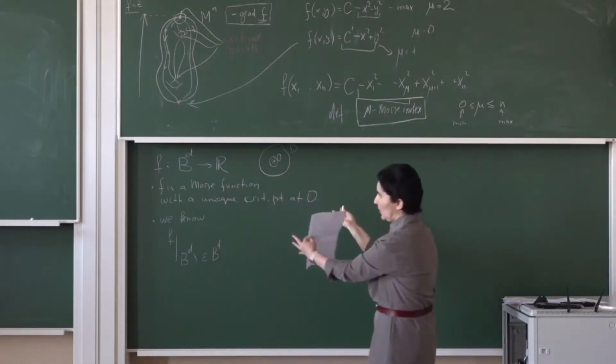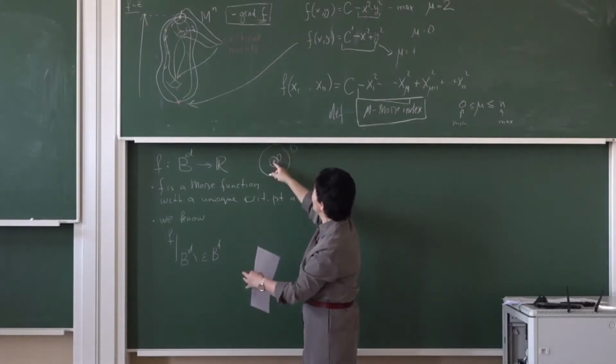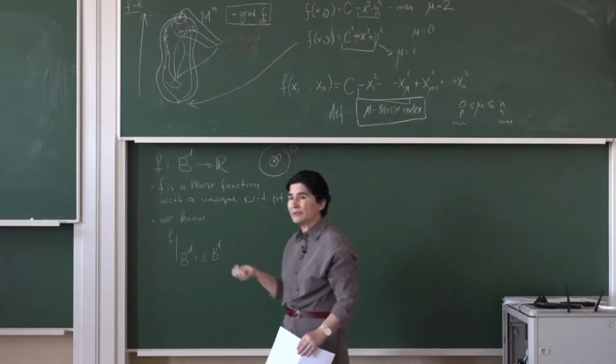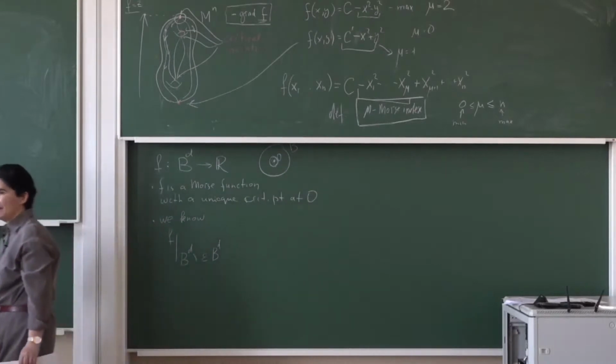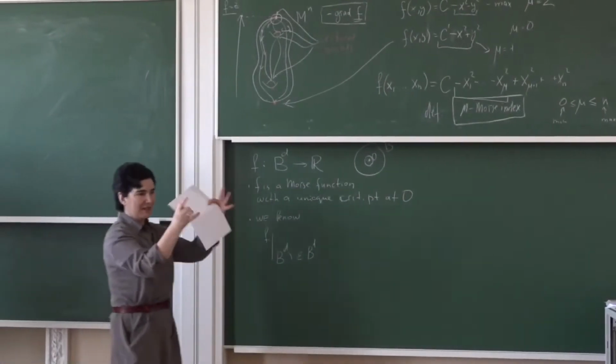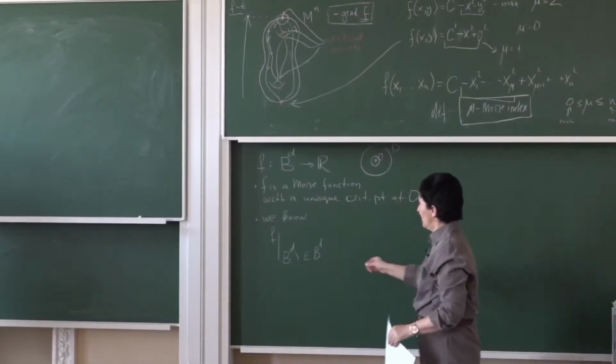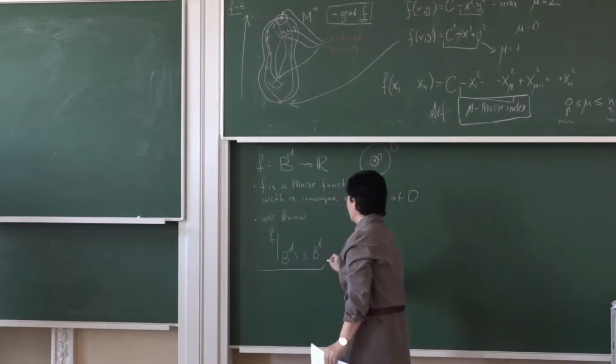I take the big ball and I cut out a small ball centered at 0. So you do not see the critical point itself, but you know all the rest, the behavior of your function in the complement of the neighborhood of the 0.